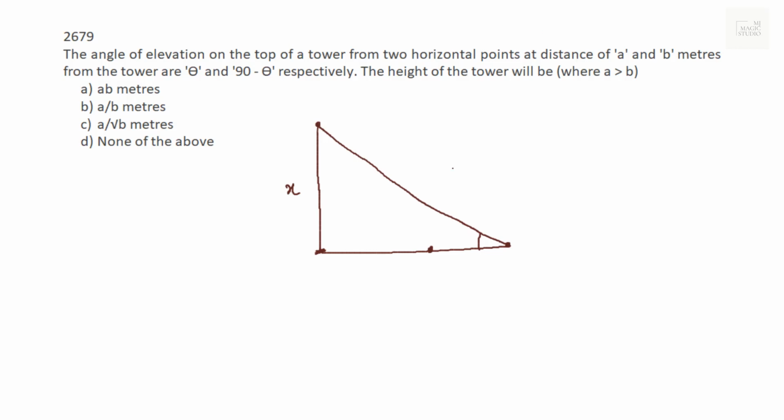This angle from A is theta, and here this angle is 90 minus theta. This overall length is A and this length is B.